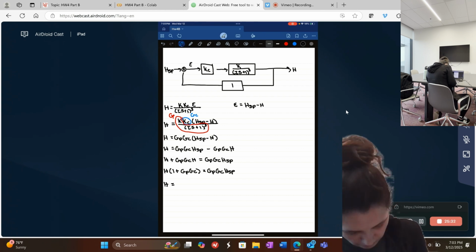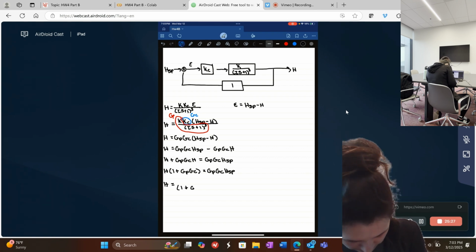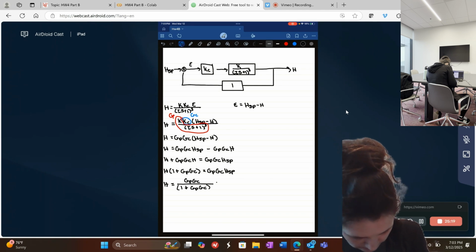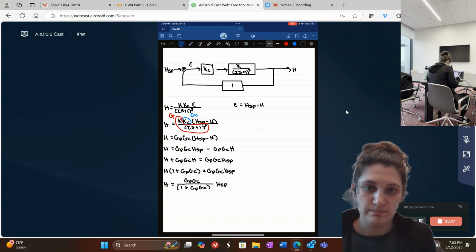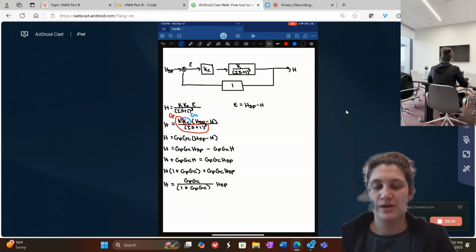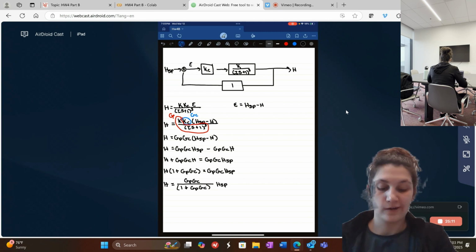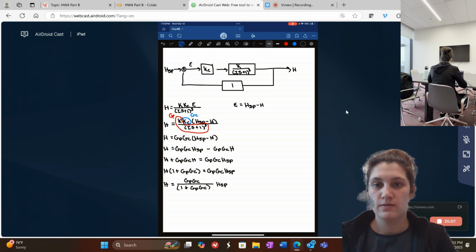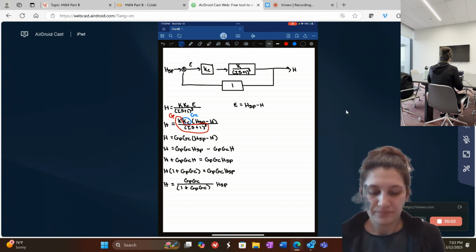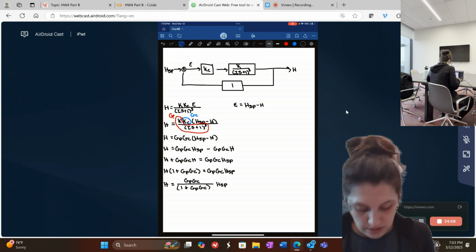We end up with H equal to Gp, Gc over (1 plus Gp, Gc) times our set point. Okay. Now I'm going to put our more complicated terms back in for Gp and Gc and take the Laplace of HSP, since that's our step change.